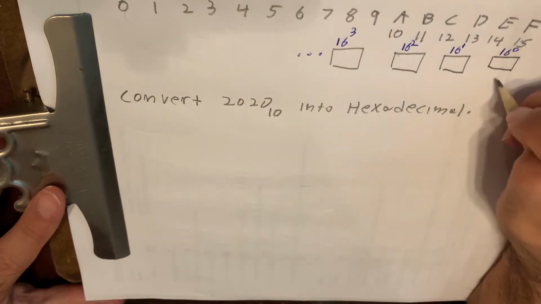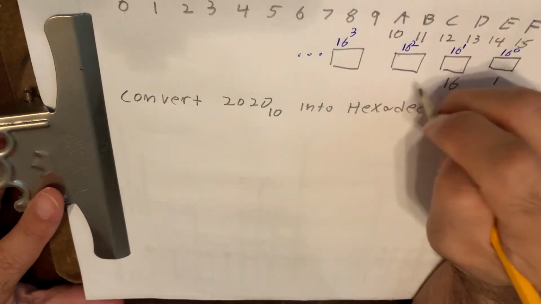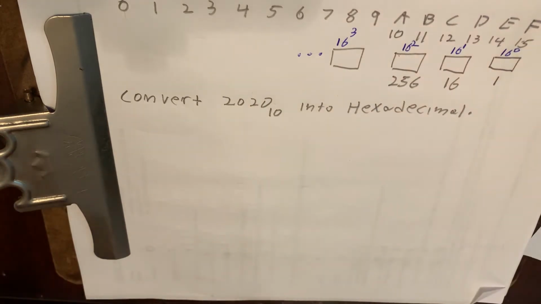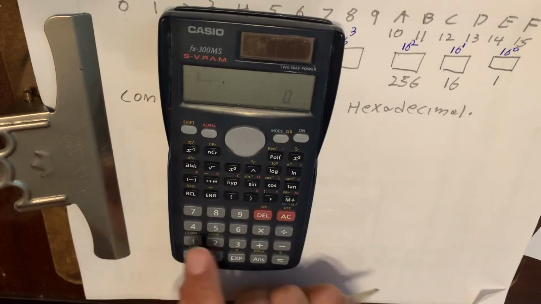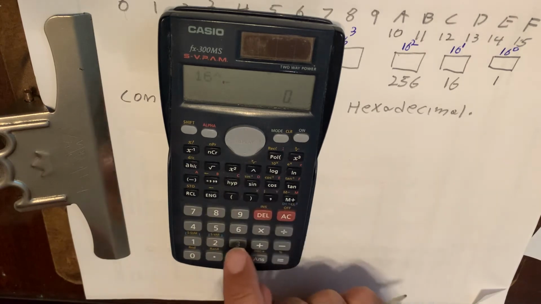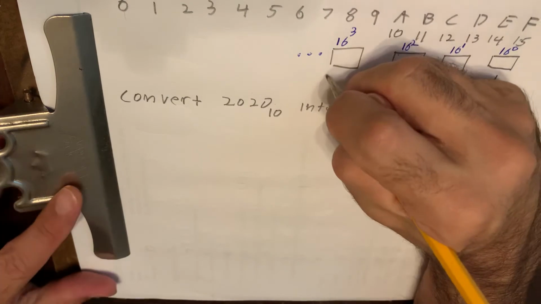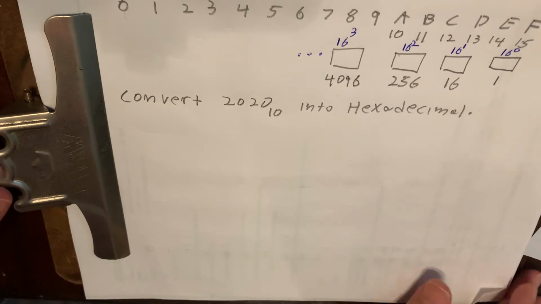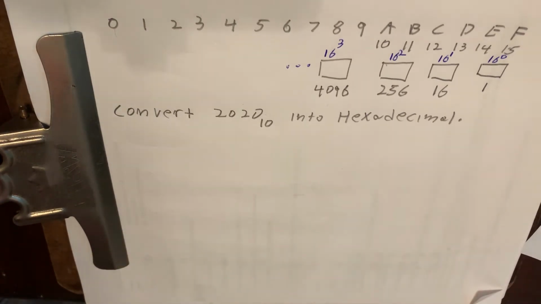And of course, 16 to the 0 is 1, 16 to the 1 is 16. 16 squared happens to be 256. And I'm pretty sure 16 to the 3rd is 4096. But my memory might not be accurate, so let's go 16 raised to the 3rd power. And yes, we get 4096. So I'm going to put this in.